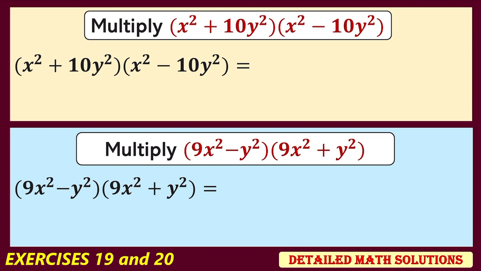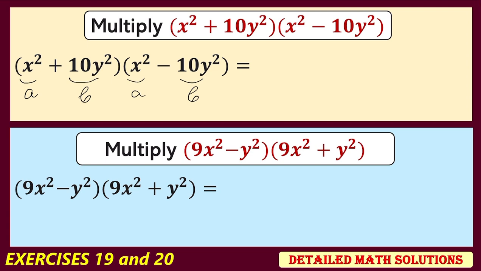In the second parentheses, I have the difference of the same two terms x squared and 10y squared. Therefore, I can use the special product formula for sum and difference of the same two terms. The first term, x squared, corresponds to the a in the formula, and the second term, 10y squared, corresponds to the b in the formula.